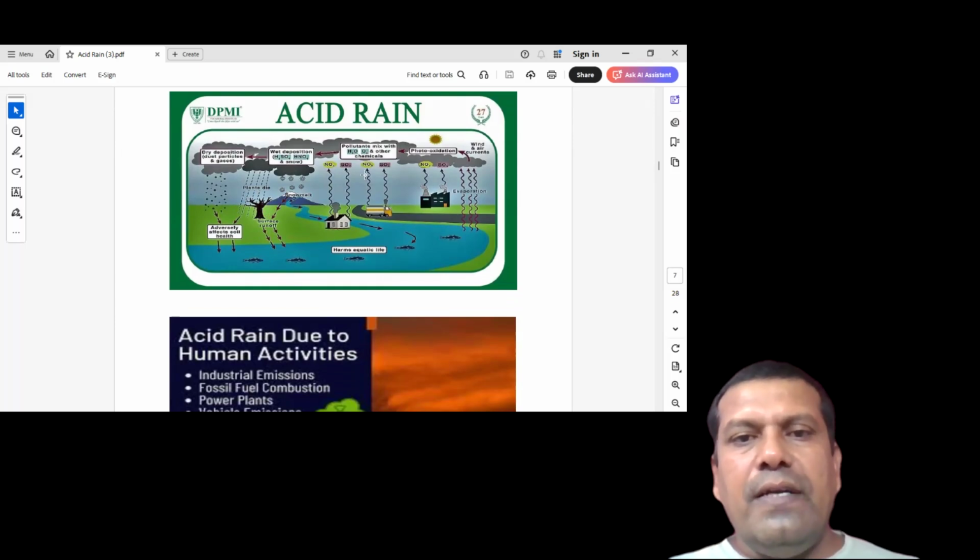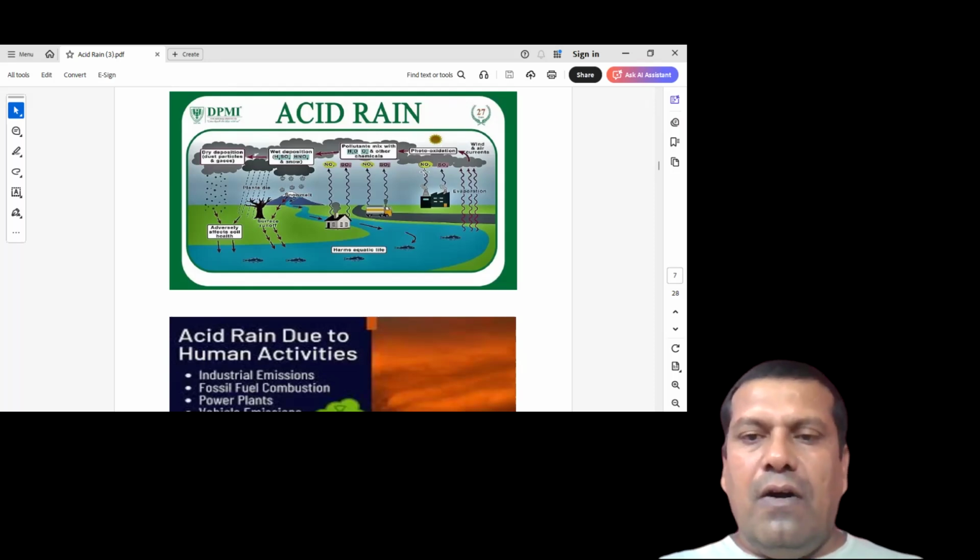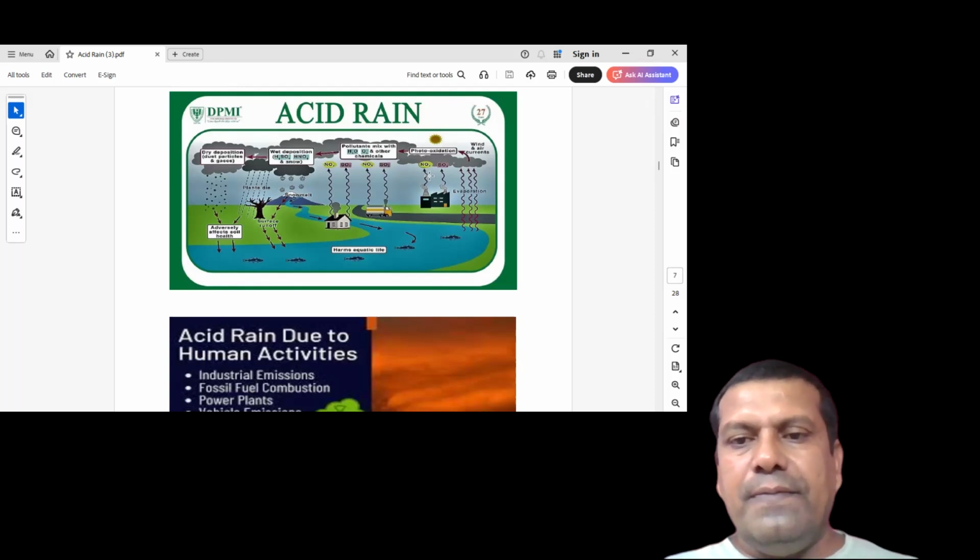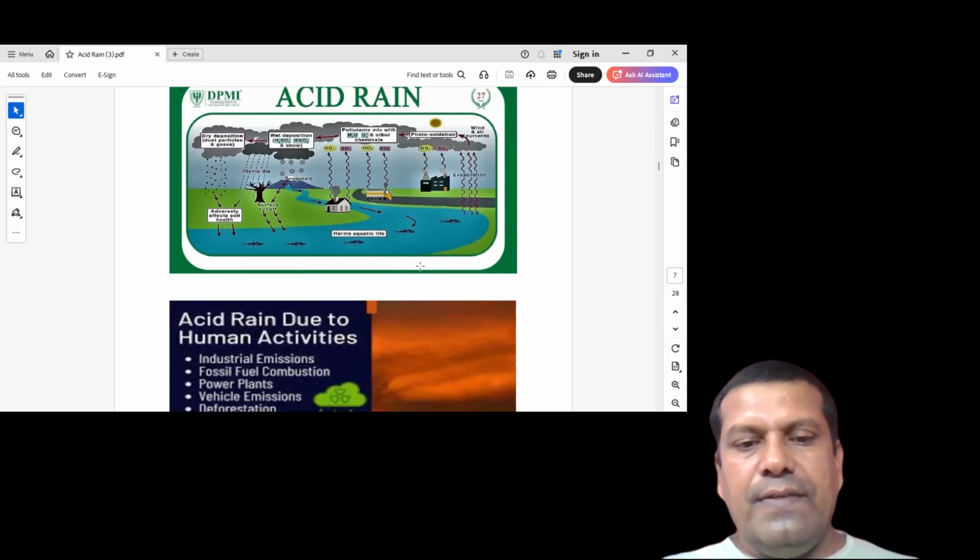Nitrogen dioxide and sulfur dioxide react with the moisture, that is the water vapor, and finally get converted into sulfuric acid and nitric acid. Similarly, industrial emissions lead to the emission of nitrogen oxides and sulfur dioxide. Again, how aquatic life is being harmed by acid rain.